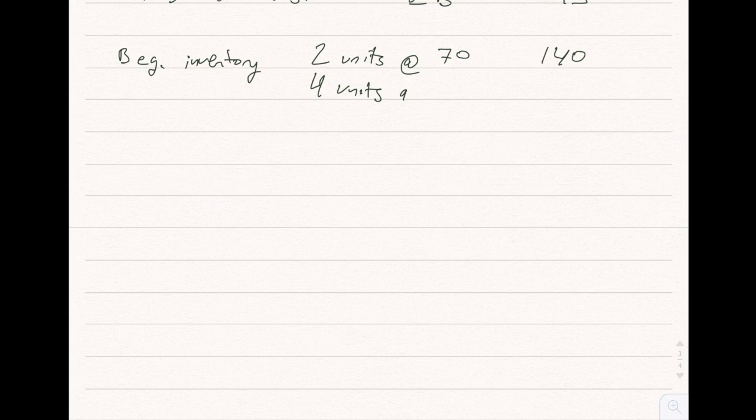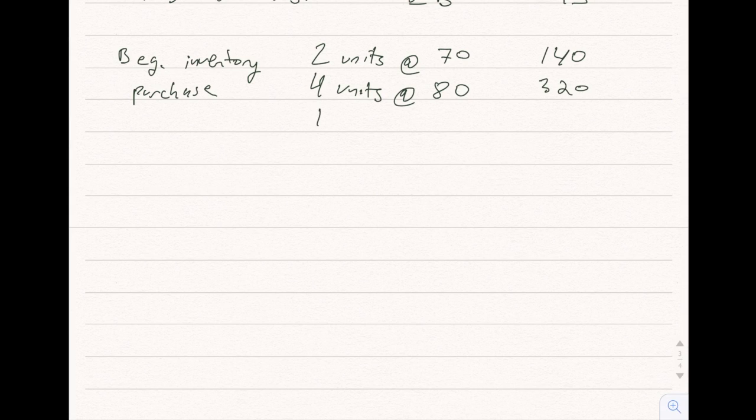So just going to run through this example so it's crystal clear. Beginning inventory, say 2 units at 70, that's 140. 4 units at 80 is going to be the first purchase.